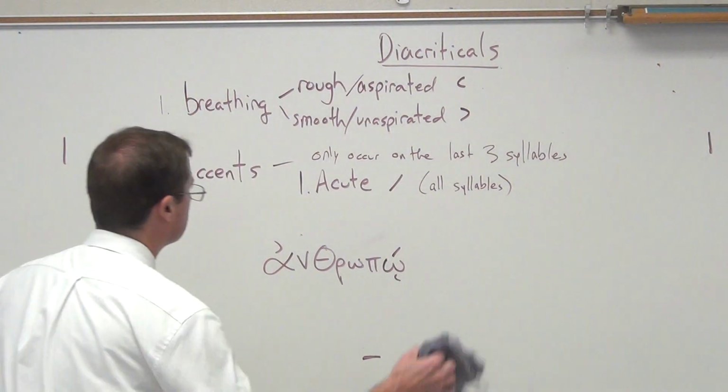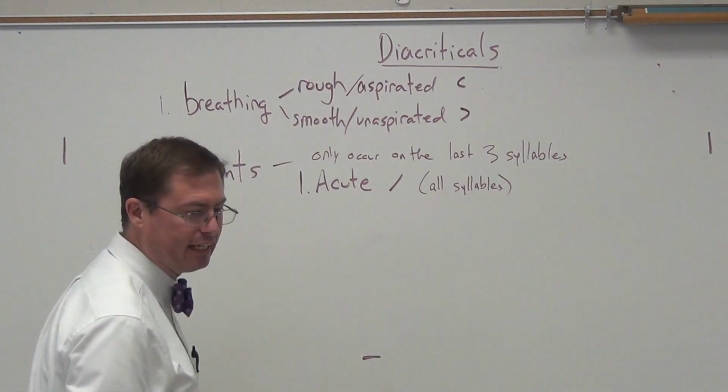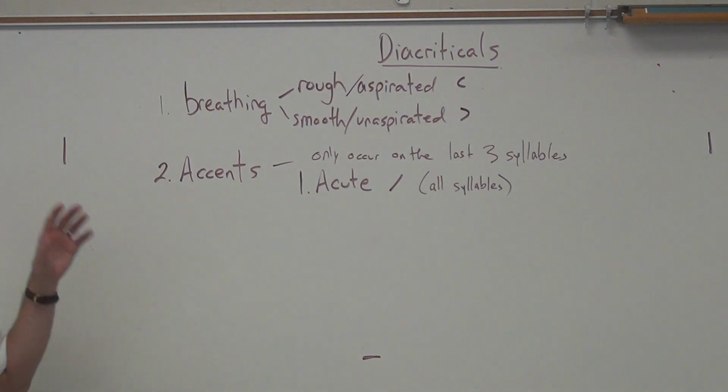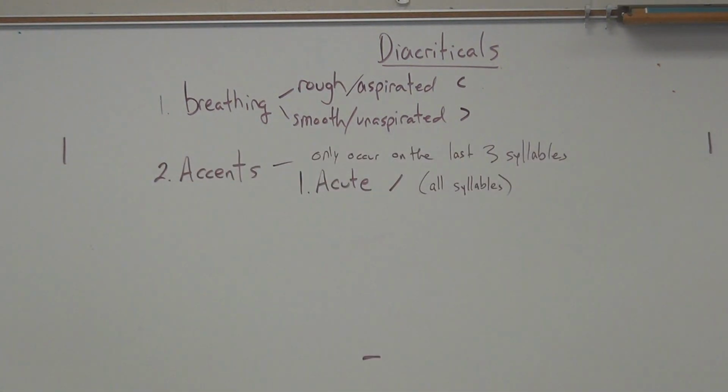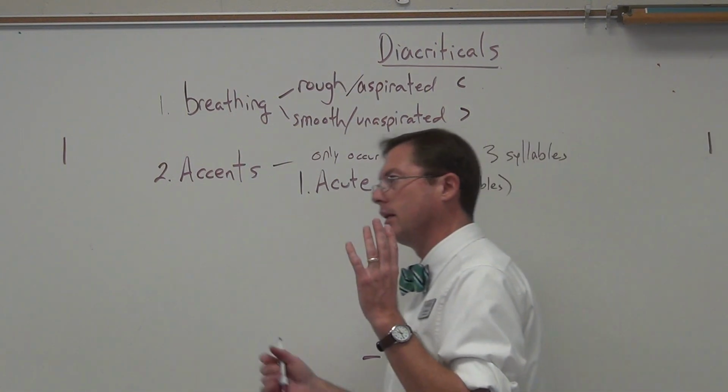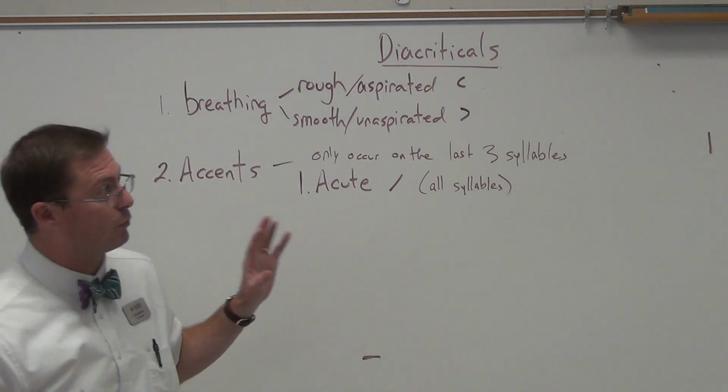Okay, so does everybody understand the acute? It is a positive slope and it can appear on any of the syllables. So again, and you cannot see it on the camera necessarily, I apologize, but oh well. When you are looking here, you can see that the acute is by far the most common of the accents. It is able to be on all three of the name syllables, and it is going to occur everywhere.